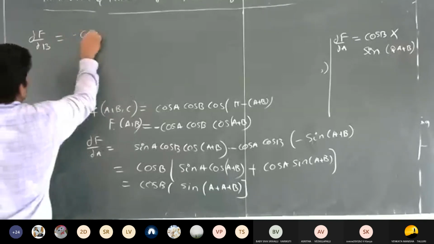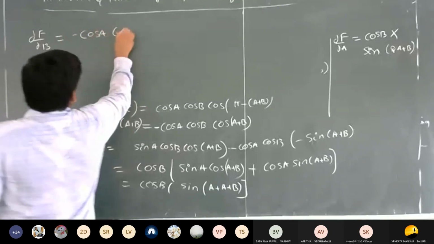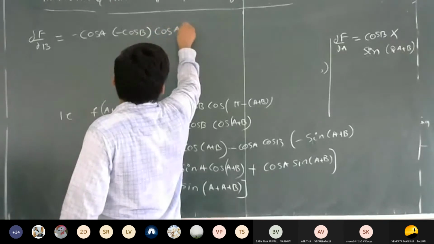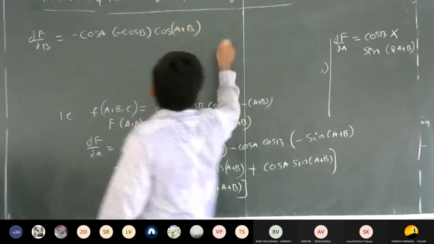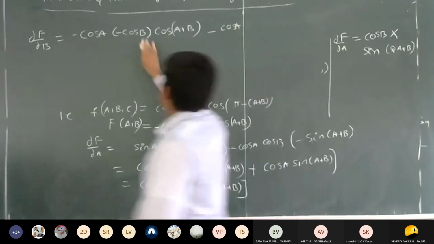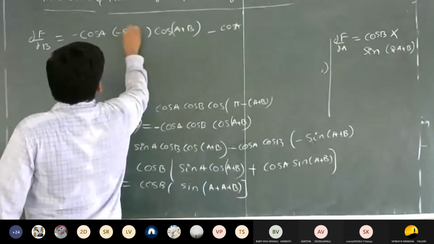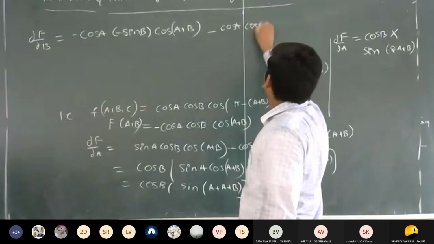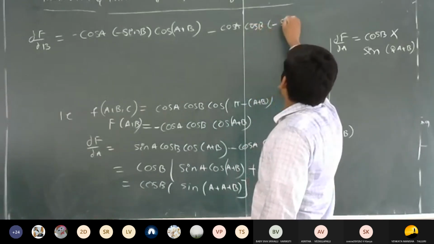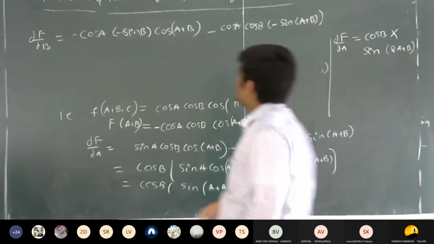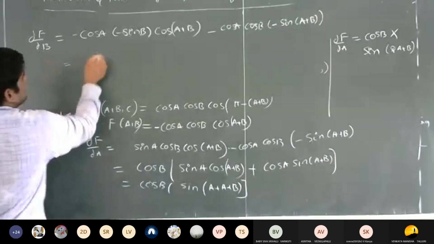Next, dou F by dou B. What is the value? Minus cos A into minus sin B into cos of A plus B, next cos A into cos B into minus sin of A plus B. Here the minus gets cancelled.